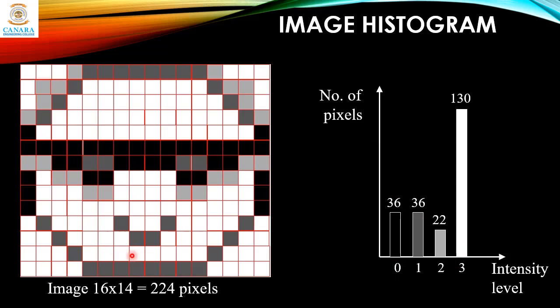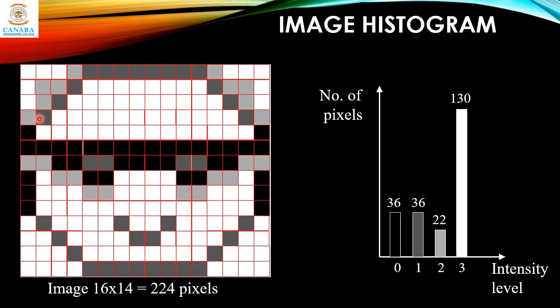Okay, and we cannot extend this x-axis for a given number of bits per pixel. For these 4 intensity levels, we can have a 2 bits per pixel representation, so the x-axis will remain the same.